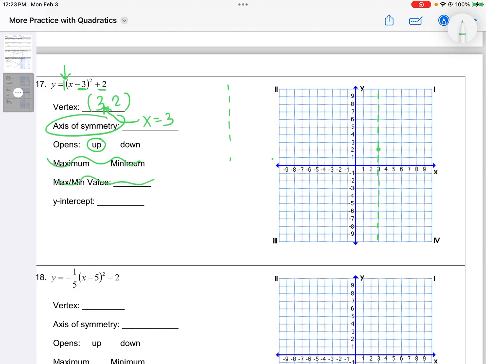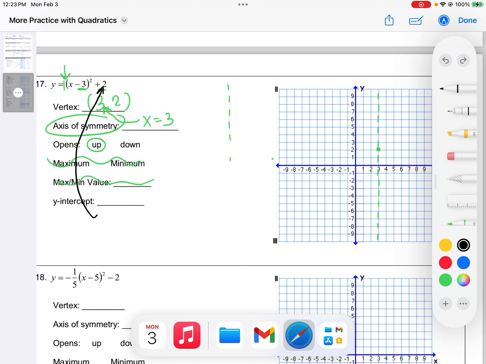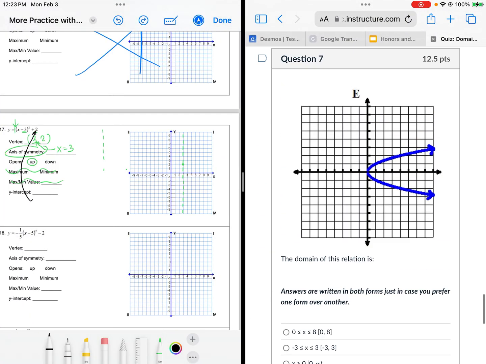The y-intercept is a little bit different. We would plug in 0 for x. Sometimes it will be the same as the last number here, and I'm not going to get into the why or when. At this point, I would open up your graph and type in what you've got.